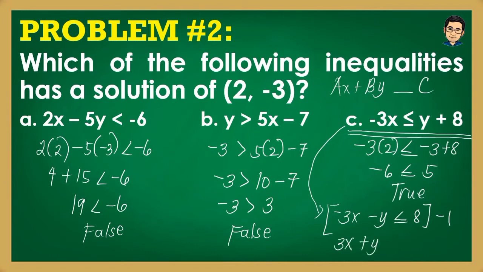And then, since minultiply natin yung -1 para maging positive yung numerical coefficient ng x, yung inequality symbol natin na less than or equal to magiging greater than or equal to -8. So, ganun ang rule natin sa inequalities. Kahit one variable yan, basta dinivide natin sa negative, mag-change yung sign. So, ito yung sagot. 3x plus y is greater than or equal to -8.